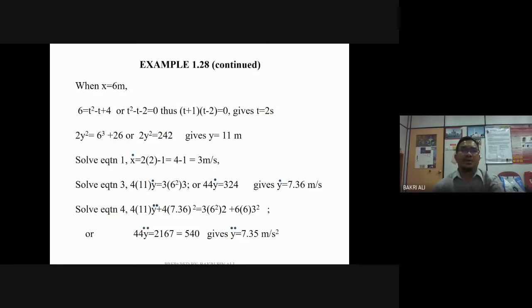And putting all those values in the velocity function will give us x dot or vx equal to 3 meter per second, and y dot or the velocity in y is 7.36 meter per second, and then putting that into the acceleration equation will give us y double dot equal to 7.35 meter.